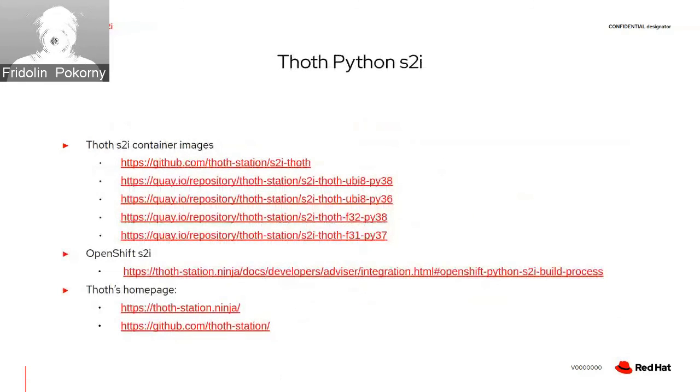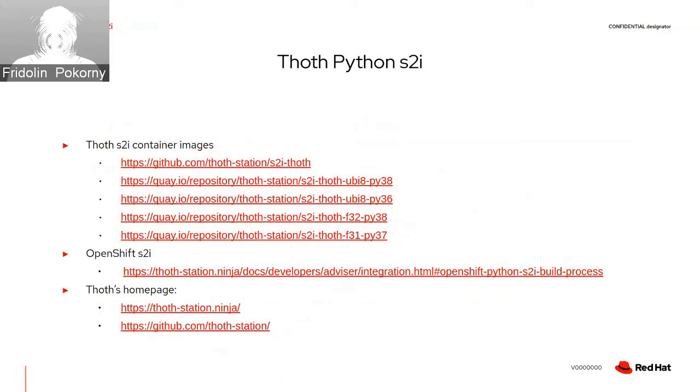Thoth's Python s2i images are available on Quay, so you can find a listing of all the available container images in the s2i-thoth repository in the ThothStation organization. Some of the container images are listed here, so you can find UBI 8 based container images running Python 3.6 or Python 3.8, or a Fedora 32 container image running Python 3.8, or a container image based on Fedora 31 running Python 3.7.